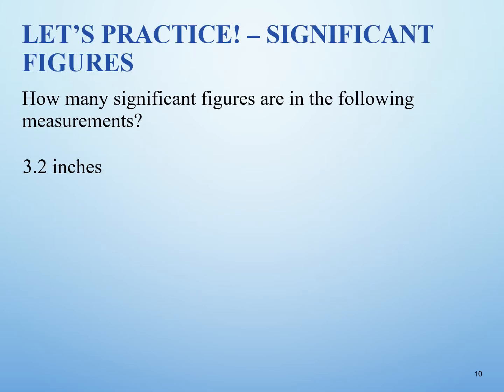All right. So let's practice. How many sig figs are in this measurement right here? 3.2 inches. So this one should be pretty simple. 3.2 is the only numbers there, so it's 2 sig figs. 25.0 grams. So remember, anything that's after a decimal, the 0 is significant.